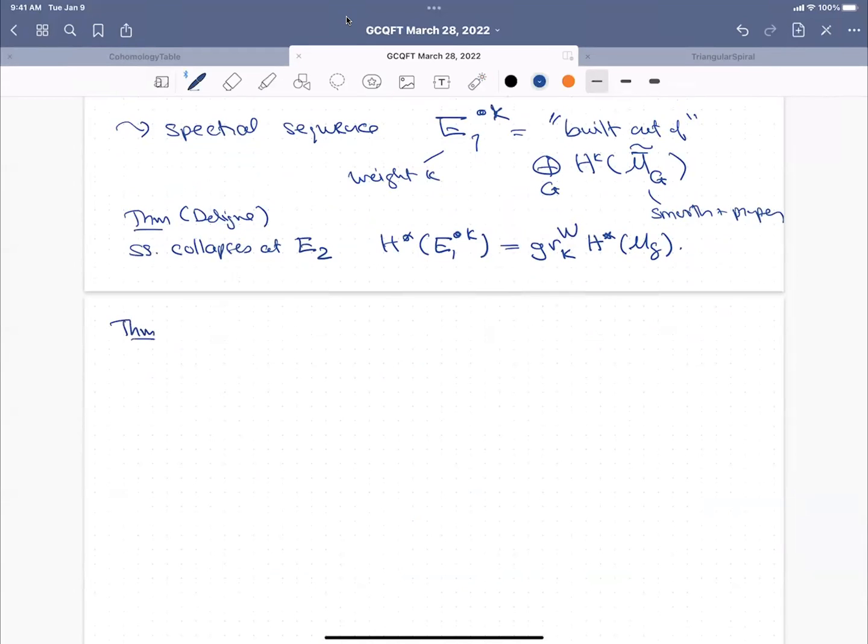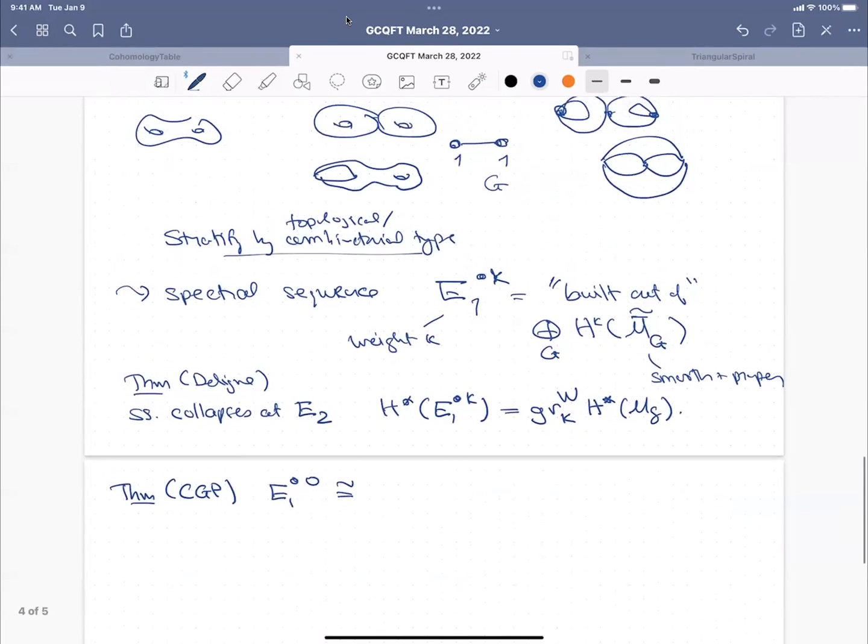And so in my work with Melody Chan and Soren Galatius, we showed or observed that the zeroth row, E1.0, so weight 0, in this spectral sequence, which is abutting to the compactly supported cohomology of M_g, the Poincare dual of cohomology.